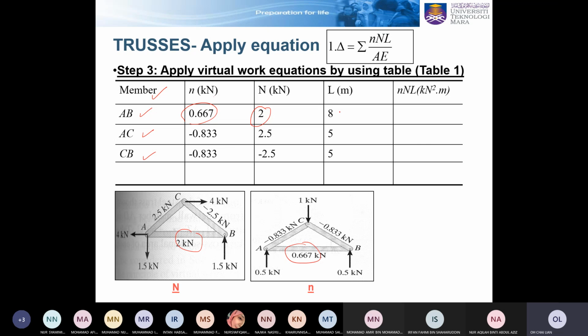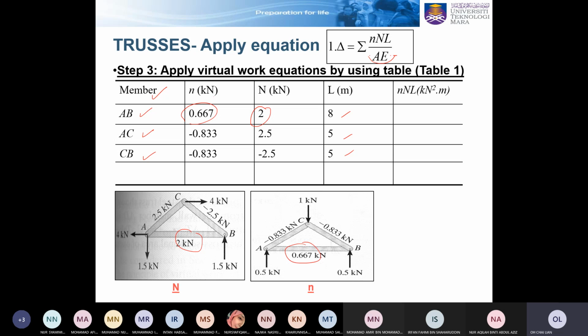And the length, you need to look at the dimension of the truss. Then we start the calculation of this NL over AE. Since this AE is actually a constant, we may include this AE later, not here. If not, it will just be time consuming unless you are working in Excel.